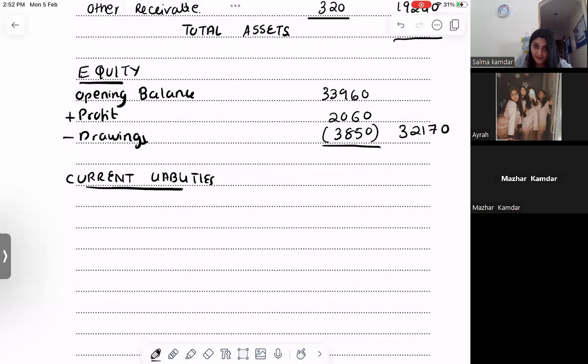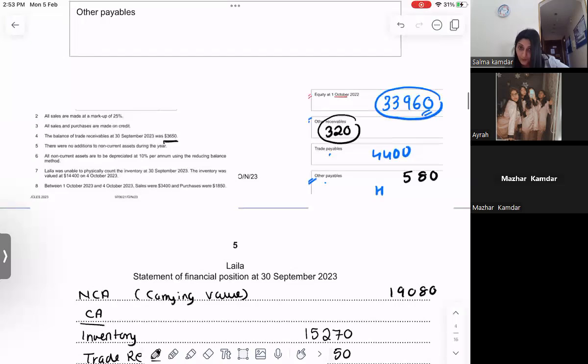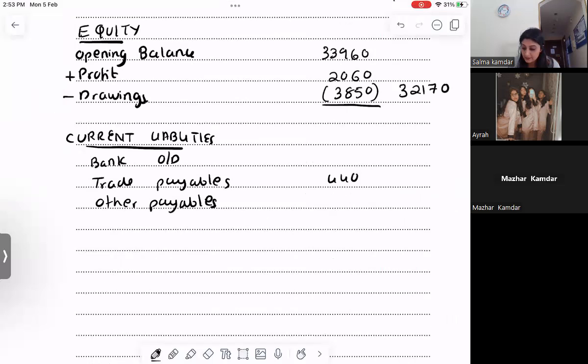One would be bank overdraft. Then you have trade payables, and you have other payables. Trade payables, we found out the balance, right? 4,200. And other payables also we found out, 580. What is the bank overdraft that we got from the receipts and payments account?